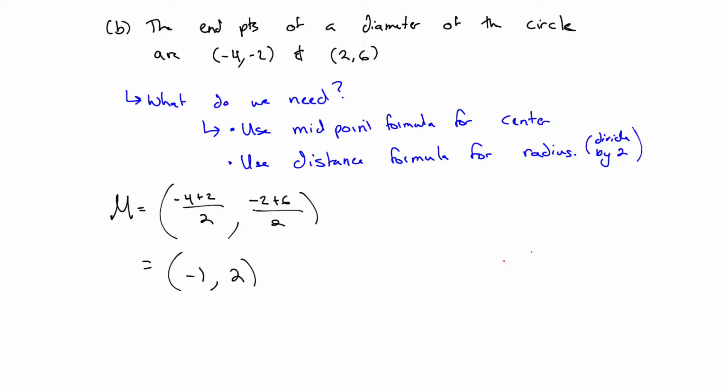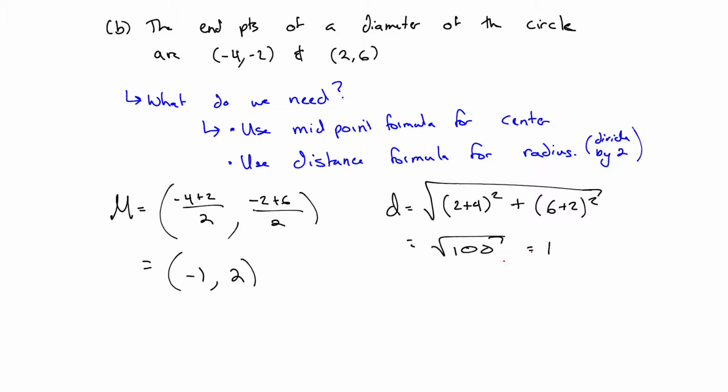So that's the center, and then we'll get the distance d, which will be the square root of the difference of the x components, so 2 minus -4, or 2 plus 4, because subtracting a negative is the same as adding, and then 6 plus 2 squared, which ends up being the square root of 100, which is equal to 10. This is the diameter.